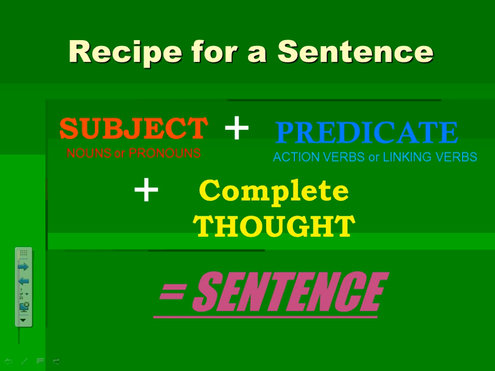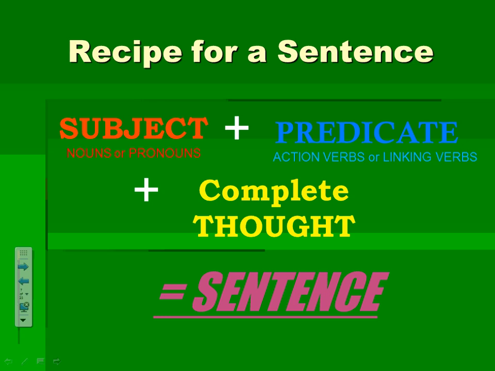We tend to fall apart, though, sometimes when we're looking for verbs and we don't see an action. There's always going to be a verb somewhere in your sentence. It might not be an action, though. In this case, 9 times out of 10, that verb is going to be something we call a linking verb. Linking verbs are called linking verbs because they connect 2 sides of the sentence, usually connecting a noun to an adjective or describing word. If you've forgotten what linking verbs are, we'll review them on another slide.